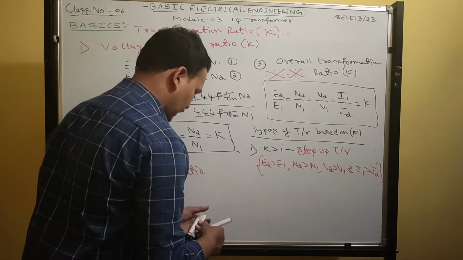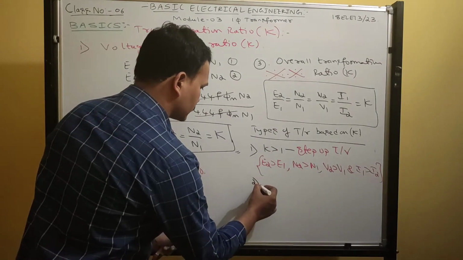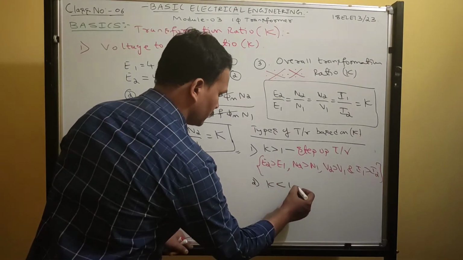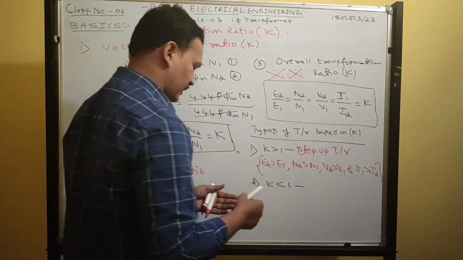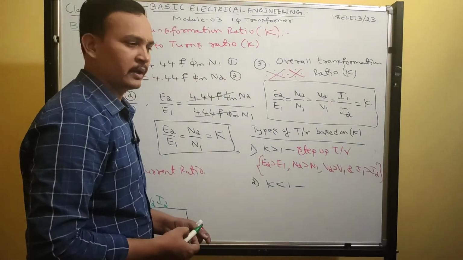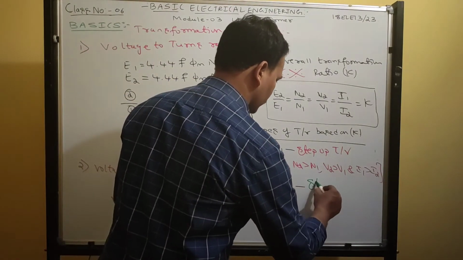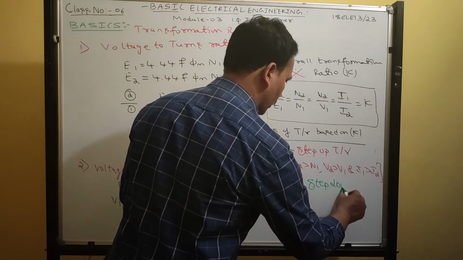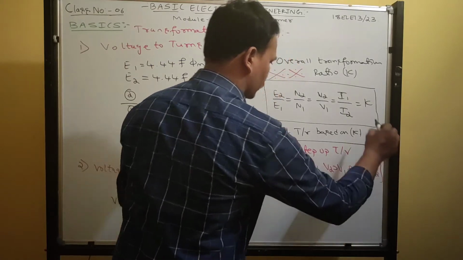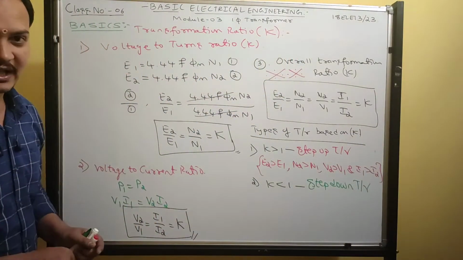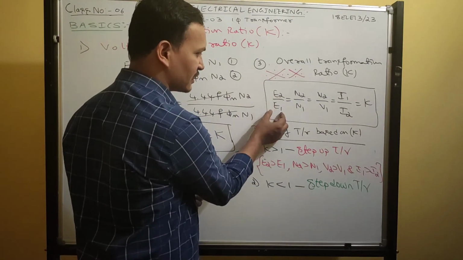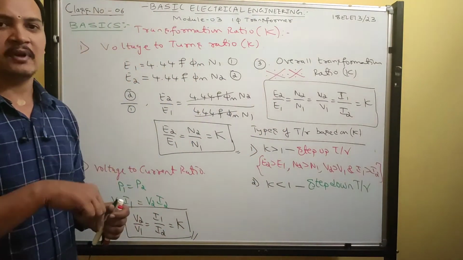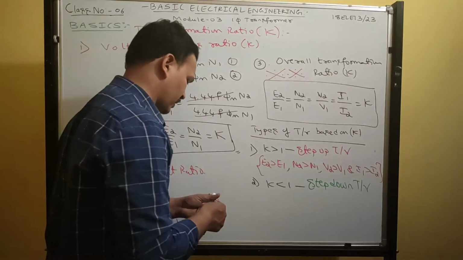Similarly, when K is less than 1, then the transformer is called what? Very good, a step down transformer. In order to get K value less than 1, what should we do? The numerator should be lesser than the denominator.